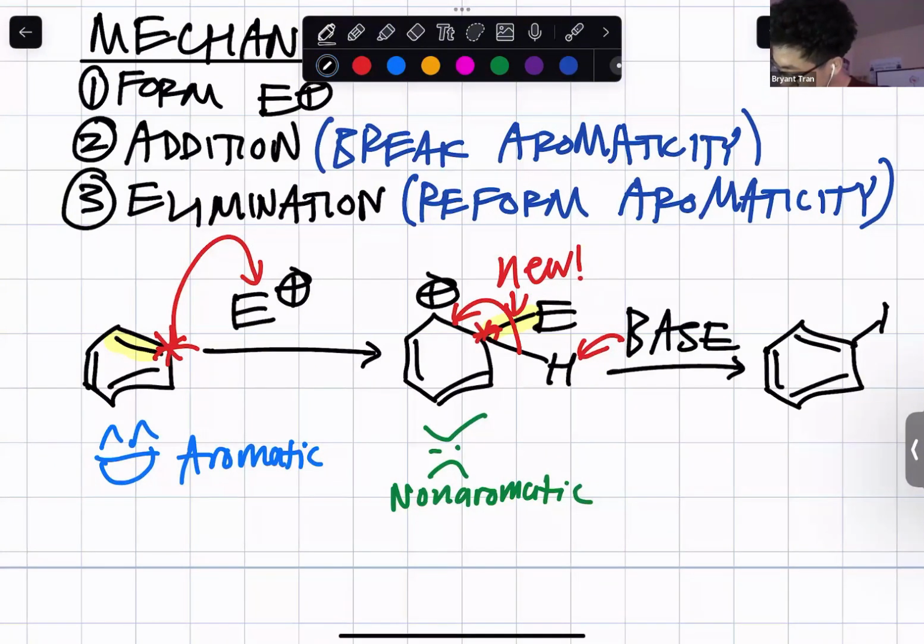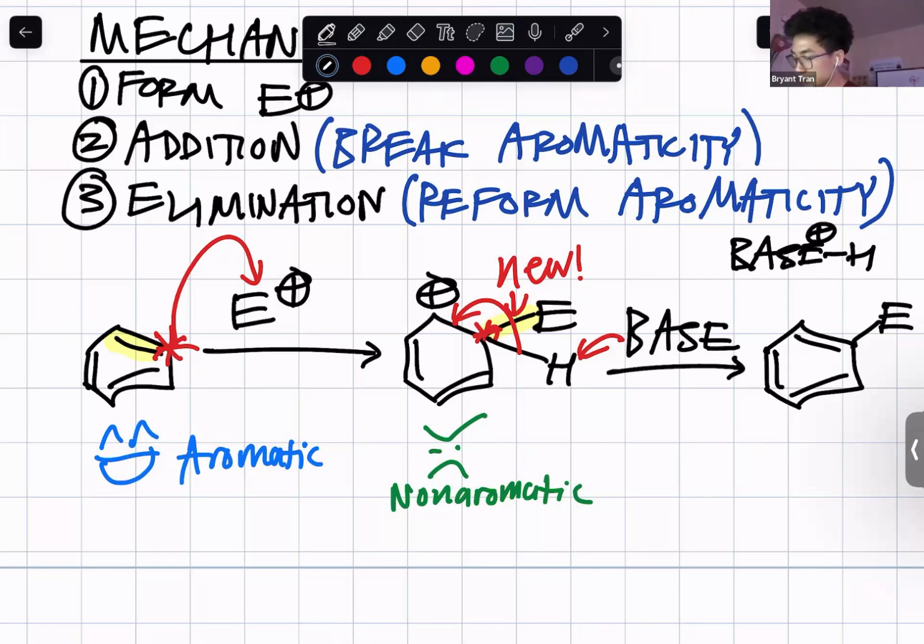Right? And the electrophile is still there. And you could draw the side product, the base with the hydrogen, if you want, depending on what the reaction is. Usually the base is negatively charged, so let's draw the negatively charged base right there, grabbing this hydrogen, which becomes neutral. And now it is aromatic again, making it have less energy again and stable again.